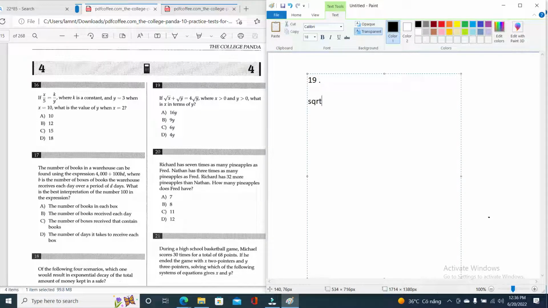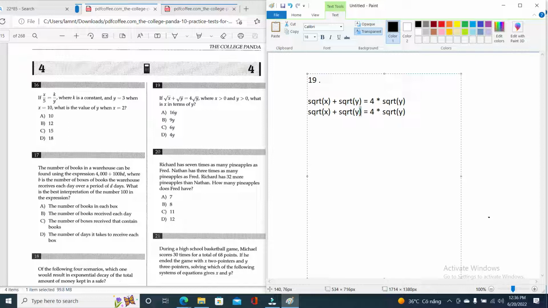square root of x plus square root of y is 4 times square root of y, okay. So we can subtract square root of y from both sides, so we get a relationship directly between the square root of x and the square root of y.